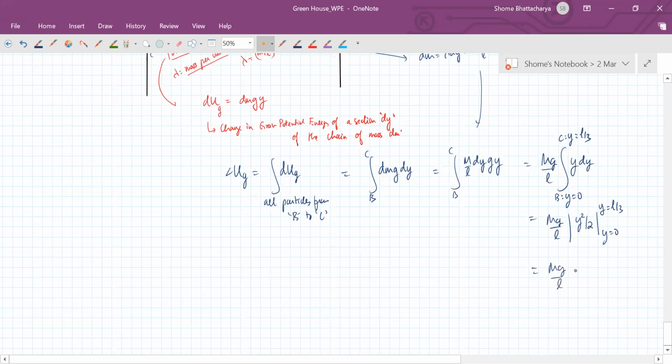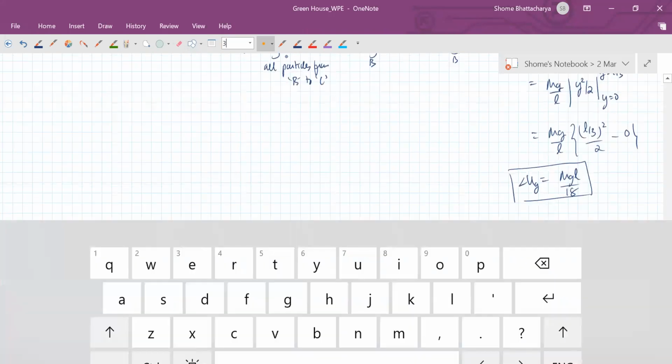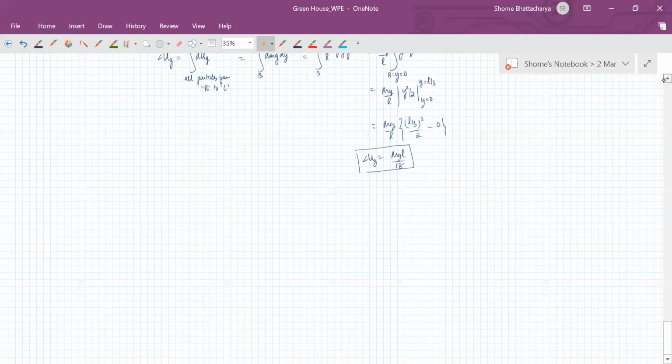So mg by L, okay, you get the same answer. So this is our change in gravitational potential energy. This is the alternate method where we avoid using the center of mass definition and directly use integration.